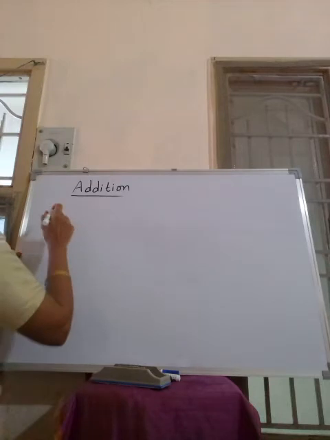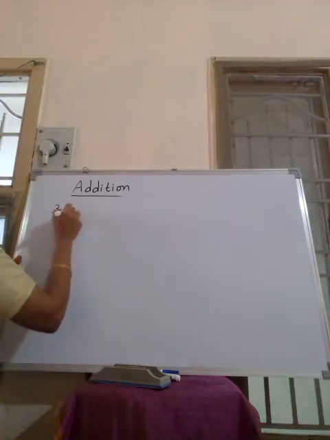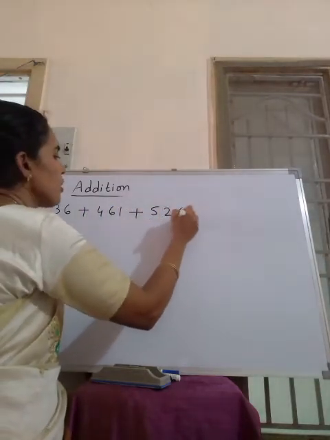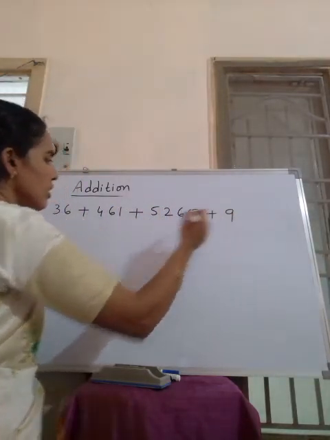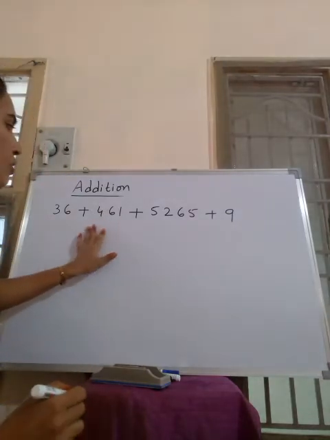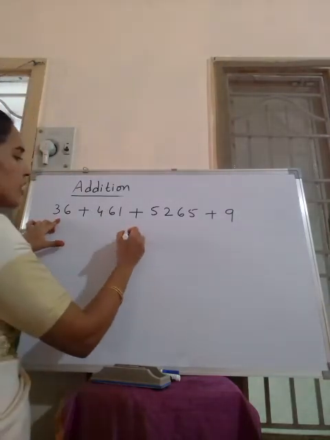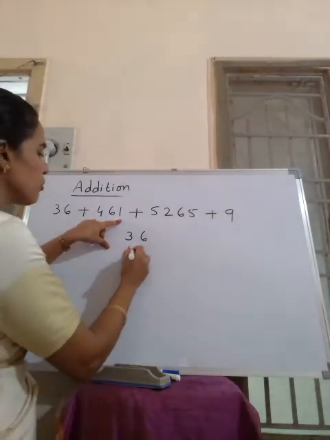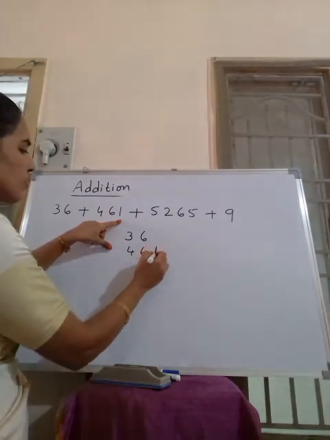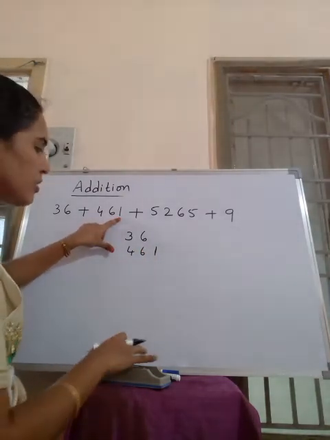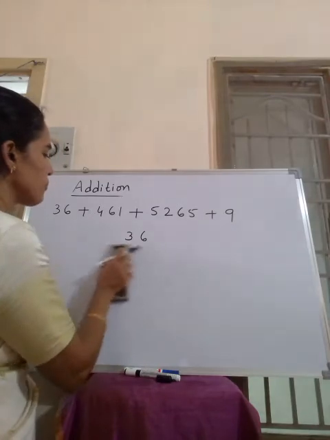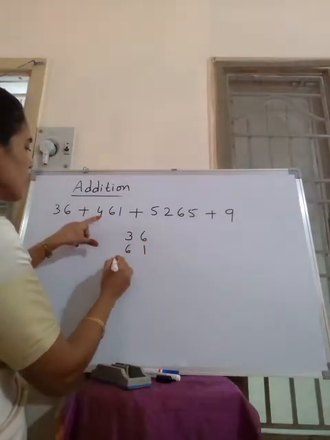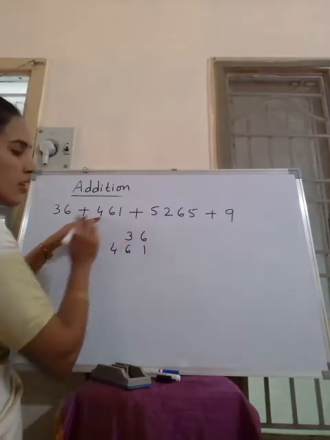Now while adding, we should add the digits in the same places. For example, let's take one question: 36, 461, 5265 plus 9. If you want to add all these numbers, we arrange them vertically. While arranging 461, don't arrange it carelessly. 1 is in the one's place, so we write it below one's place only. 1 is under one's place, 6 under ten's place, and 4 under hundred's place.